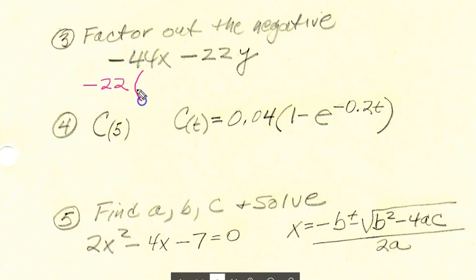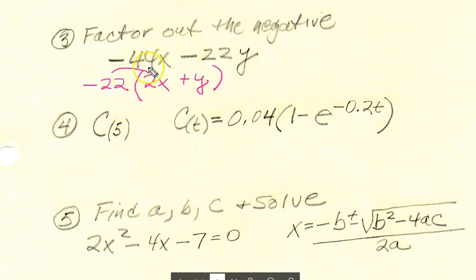And now we're left here with a positive 2x, and here a positive y. And that's our answer. And remember, you check by multiplying and getting a negative 44x here and a negative 22y.